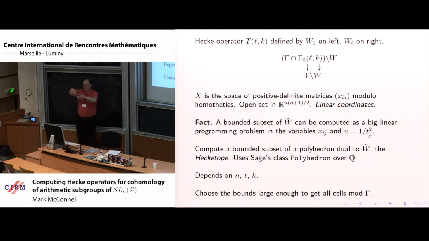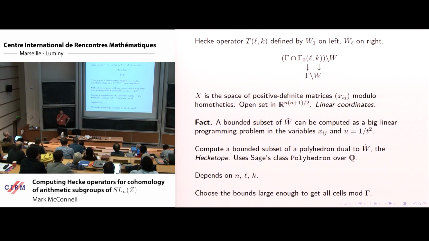So the entire thing I described is defined by a bunch of linear equations and inequalities. You write this down and feed it to a linear programming solver such as Sage's class Polyhedron, which is wrapped around the professional quality solver known as PPL when you're working over Q.